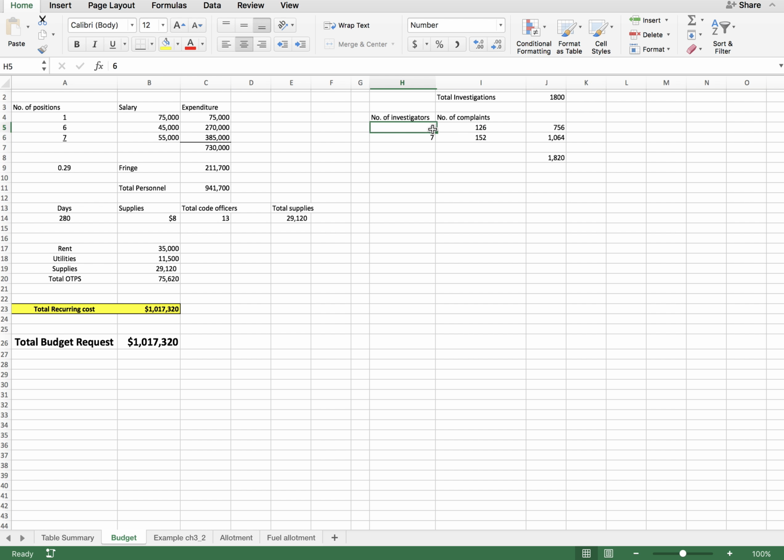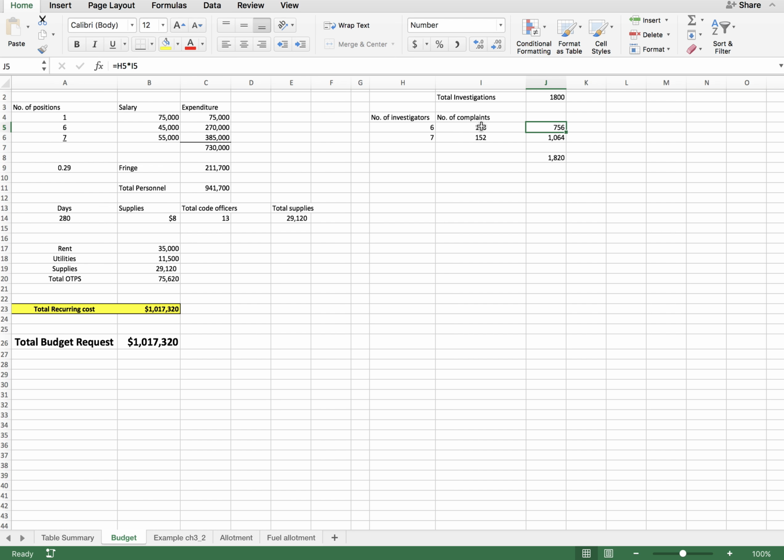I created a formula to tell me how many complaints I can handle. I multiply the number of investigators by the number of complaints, and that tells me that, for example, junior investigators can handle 756 complaints if I hire six at 126 complaints each, and senior investigators can handle 1,064 complaints at 152 complaints each.